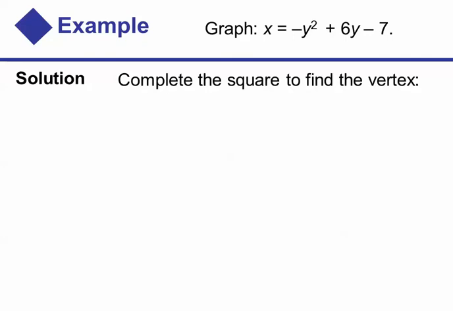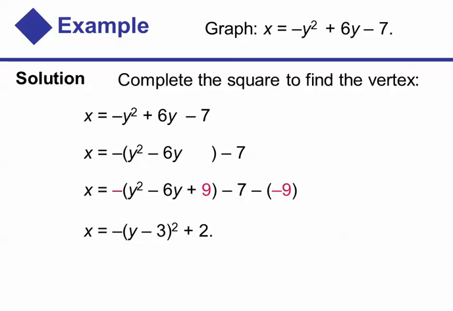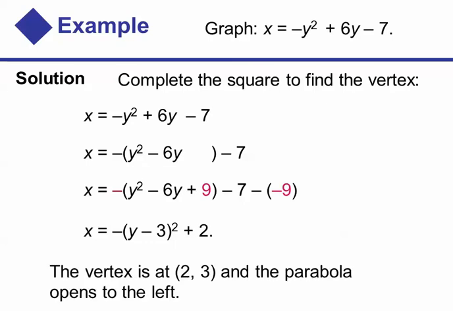So if we try to graph this one, we'll complete the square to find the vertex. And again, it's exactly the same, except we have switched, so we have y over with the square in it. Okay, so again, I'm just going to let you look through this if you need to. You can pause the video, look through this, make sure you get the same numbers and understand where all that came from. Ask me questions if you need to in class.